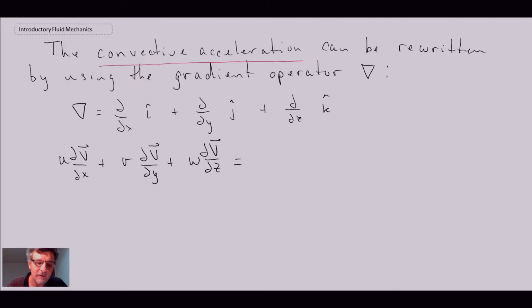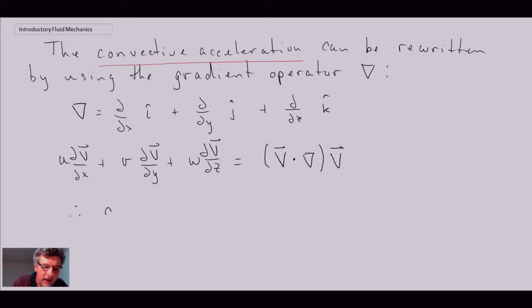So that was our convective acceleration, and we can re-express that using the gradient operator as this. We take our velocity dotted into the gradient operator, so that would be v dot del, and it is then multiplied by the velocity vector v.